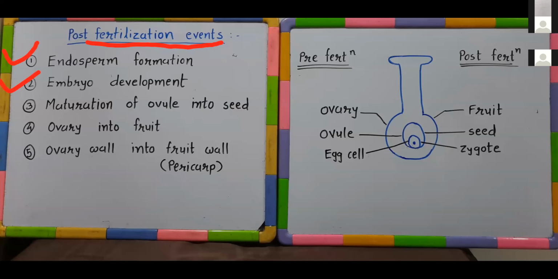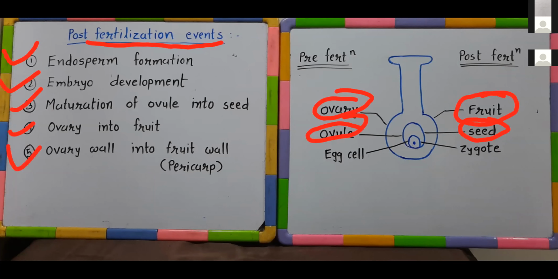Your ovule after the fertilization will turn into what is called a seed. The unfertilized ovule now gets fertilized. It is called a seed. Your ovary after the fertilization is transforming itself into fruit. It ripens gradually and turns into an enlarged structure, and it is called a fruit.